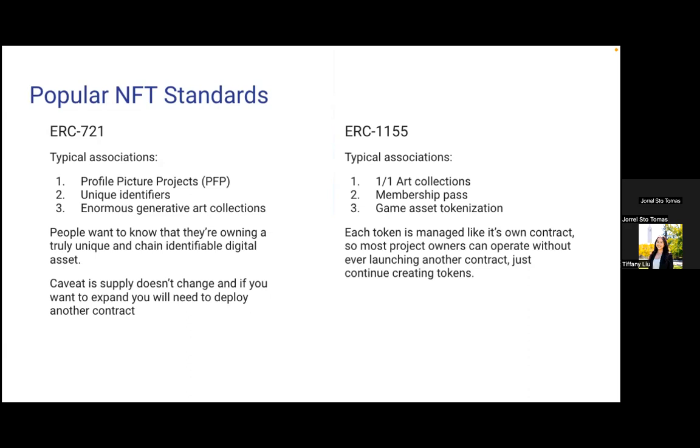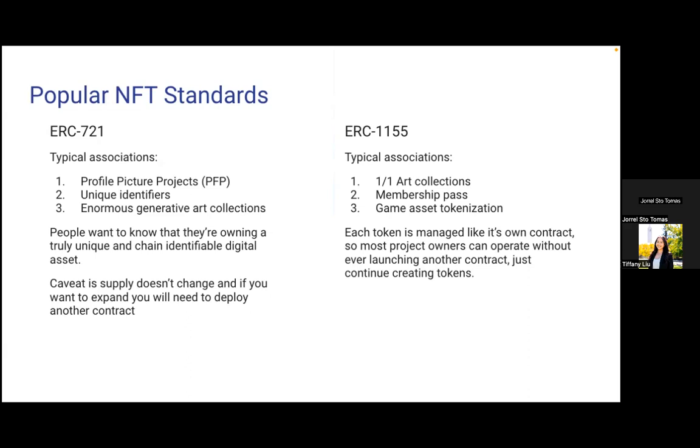And then lastly, which is probably the most relevant out of all of this, is game asset tokenization. I don't know if you guys are familiar with Unity or Unreal Engine, those types of game engines. I think Unity just did an integration with Metamask recently to enhance tokenization for game assets.